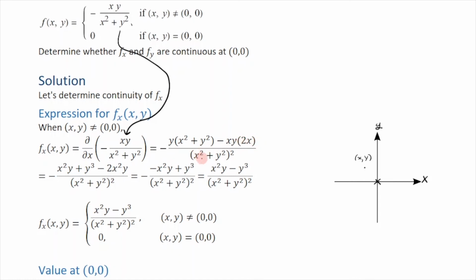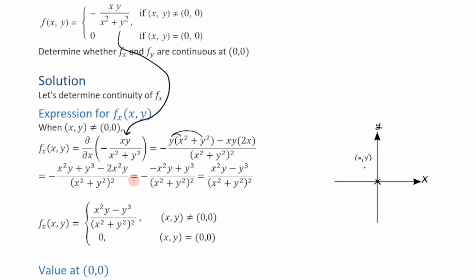And then on the bottom, we have the denominator squared. Then I've expanded this out. So I got x squared y plus y cubed. And then for this one, I got 2x squared y.